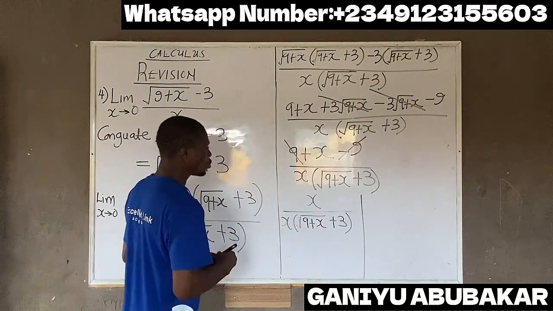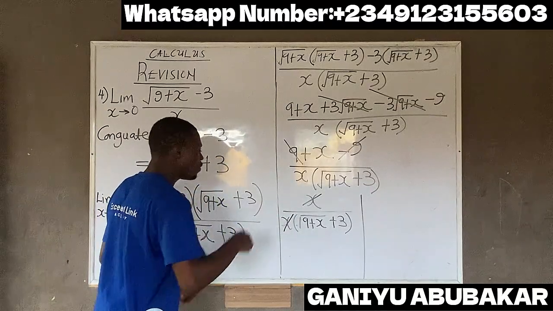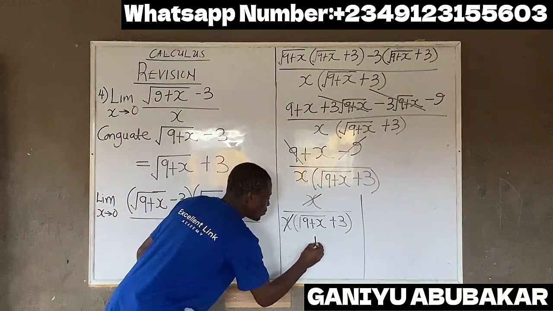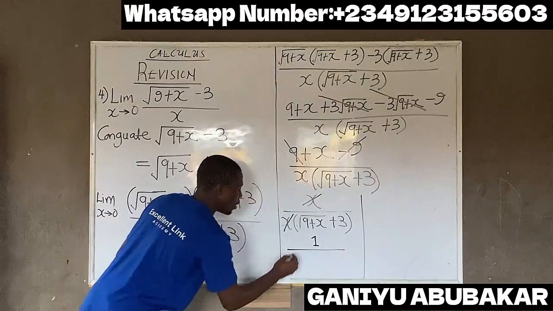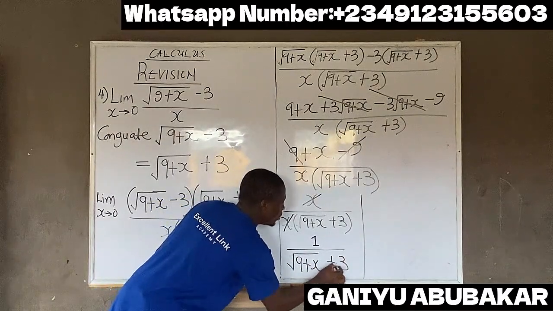So at this junction here, this x will cancel this x, leaving me with 1 all over root 9 plus x, then plus 3.